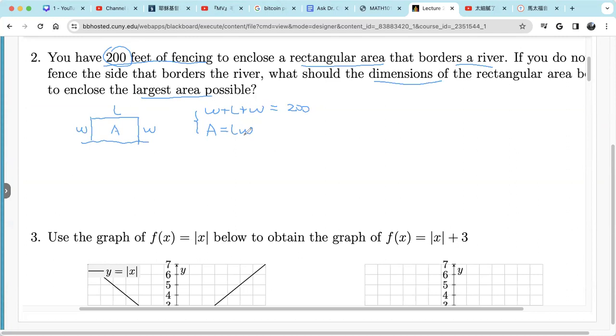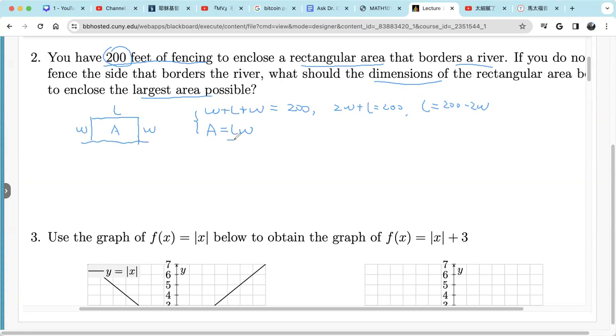So we're working with these 2 equations. Again, we want to form a function. From the first equation, we get 2W plus L equals 200, or we can write L as 200 minus 2W.